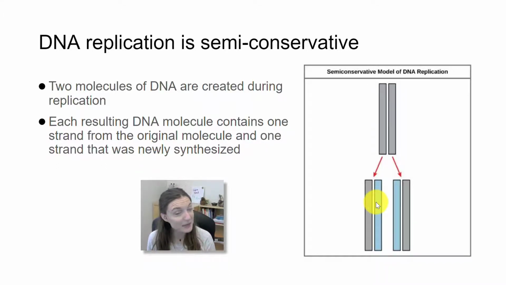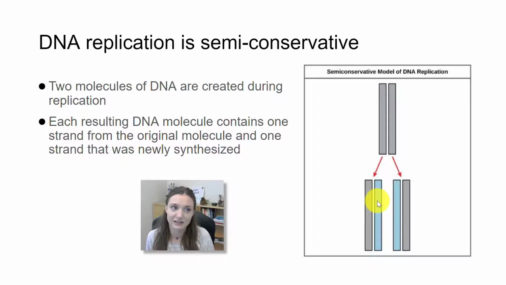So by the time DNA replication is finished, we will have two copies of that original DNA molecule, but each copy will have half of the old original DNA molecule making up one half of its strand. The other will be newly synthesized DNA. So it's half old, half new DNA that results from DNA replication.